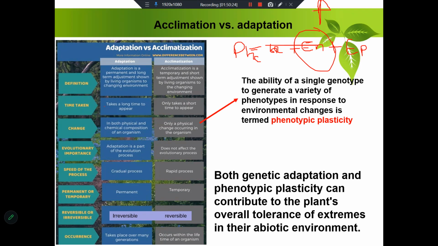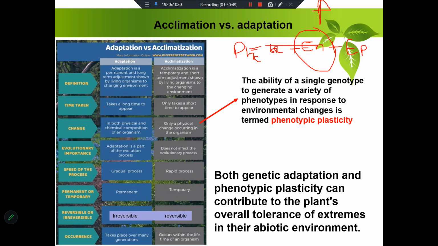Occurrence: adaptation plays out over many generations, while acclimation occurs within the lifetime of an individual. But both genetic adaptation and phenotypic plasticity can contribute to the plant's overall tolerance of extremes in their abiotic environment. So that is the difference between acclimation and adaptation.